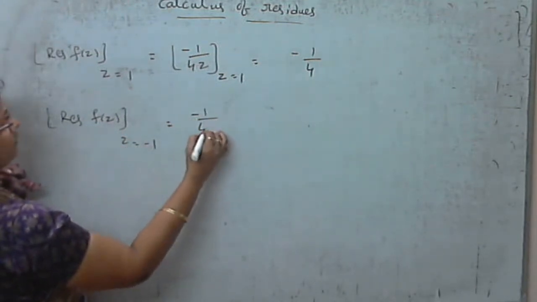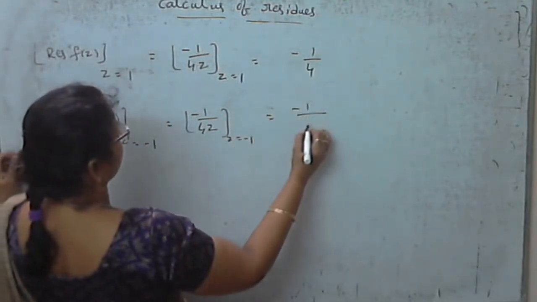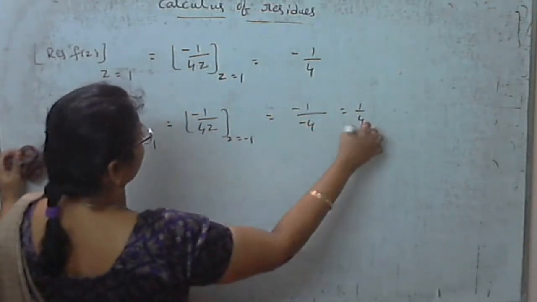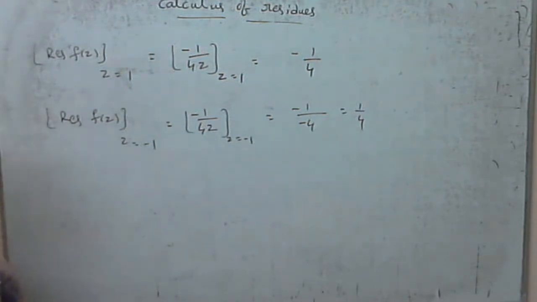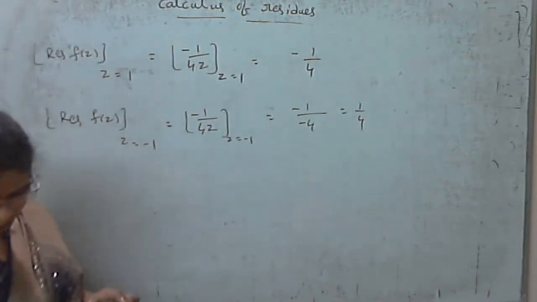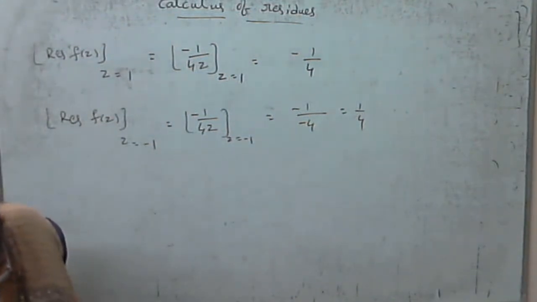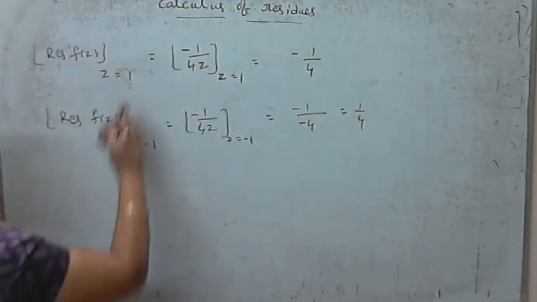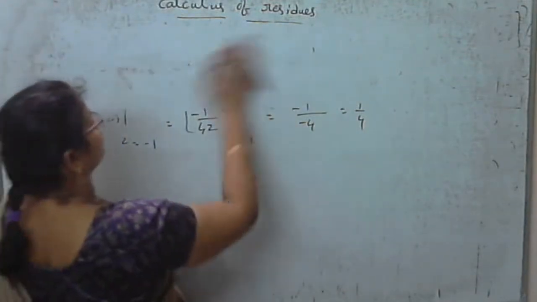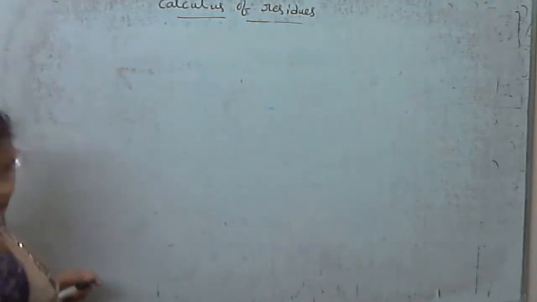So minus 1 by 4z at z equal to minus 1, minus 1 by minus 4, that is 1 by 4. So there are 4 poles and 4 residues at the poles. Now let us go for one more example. So this is a simple method to find the residue.